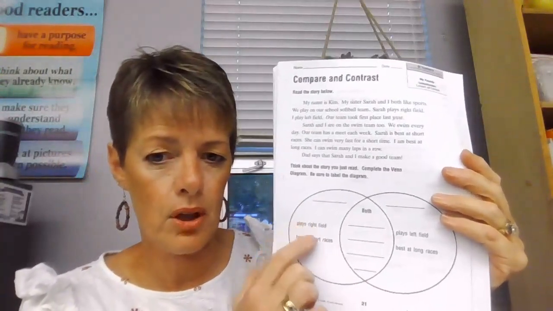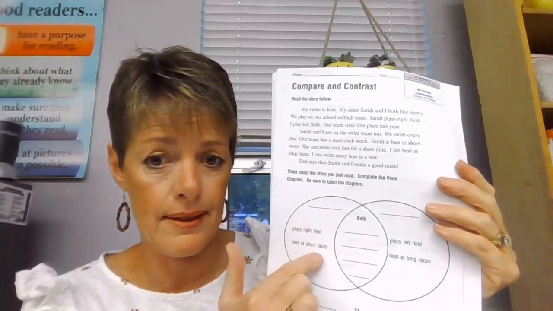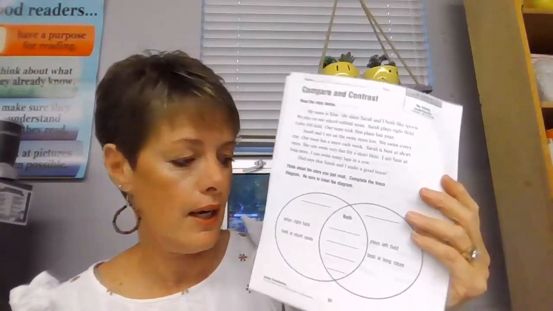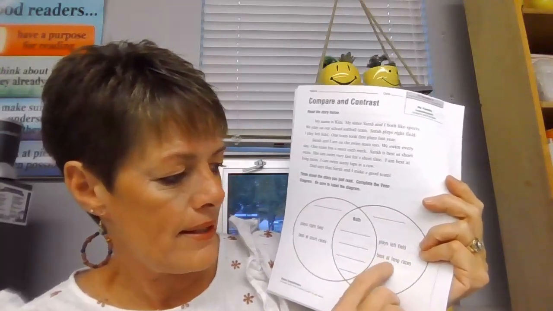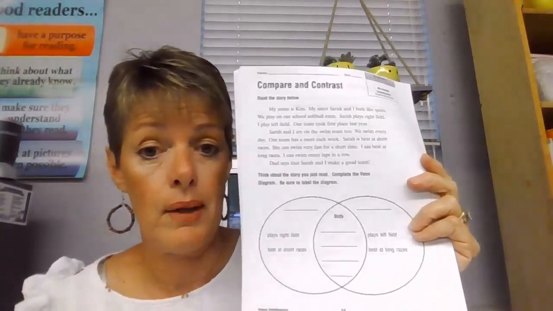So this girl plays right field and is best at short races. You fill in the name. I'm not going to tell you. You fill in the name. Plays left field, best at long races. Fill in the name. I want to know if you can go back and find that information and put the right person on the top.